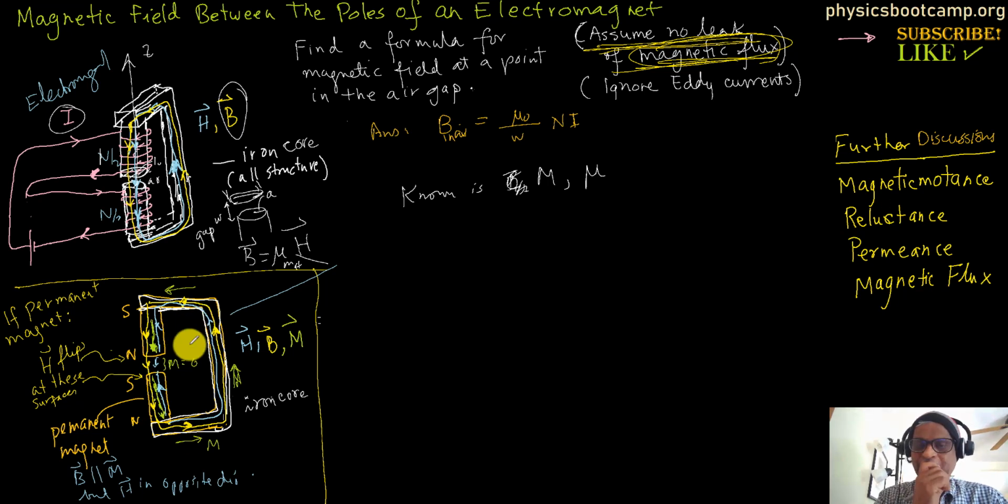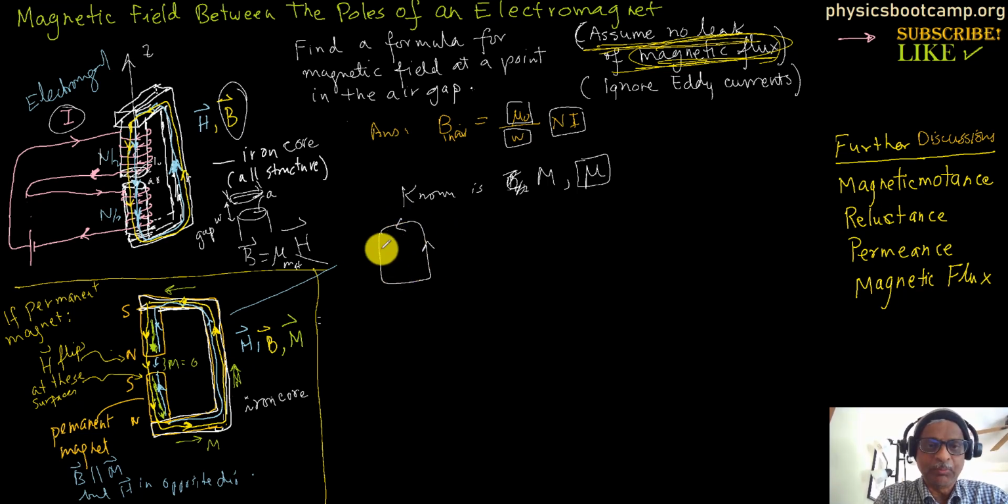So let's see if we can use this to get a similar formula. The formula will be something to do with permeability, and the gap and some current. So let's see if we get that. Okay. So I go around in H.